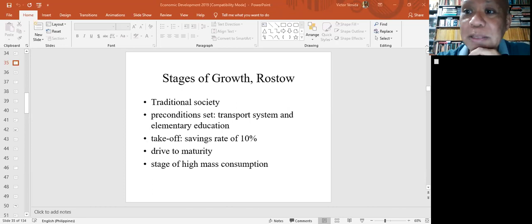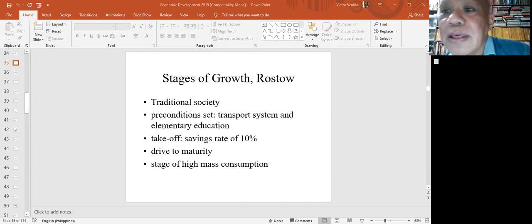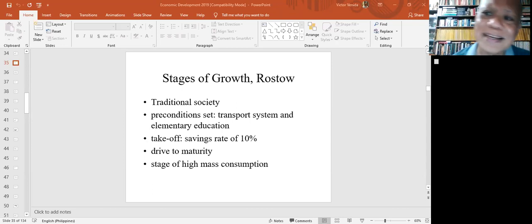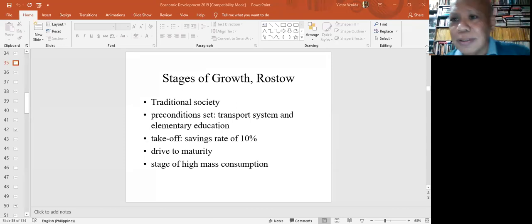They can expand production further because they can now send their products to other places, given that you now have this transport system put in place. So more and more firms can therefore experience increases in their revenues since they're now able to increase the scale of production operations in order to produce for a larger market.